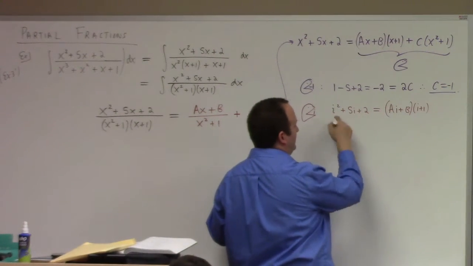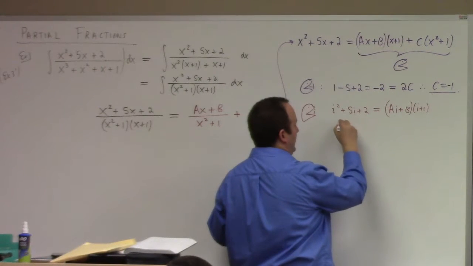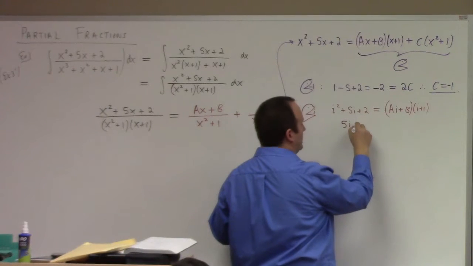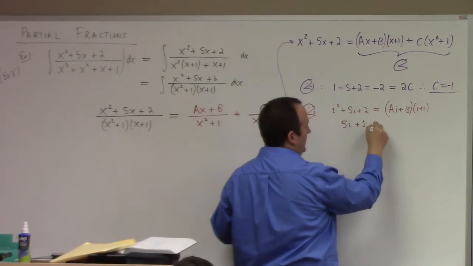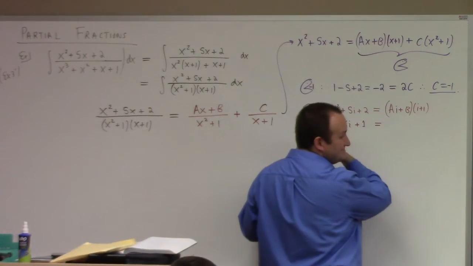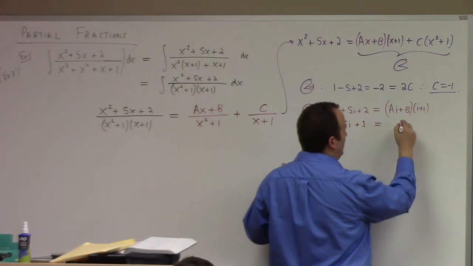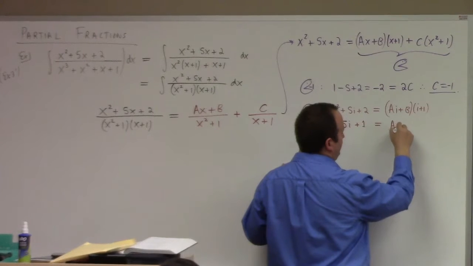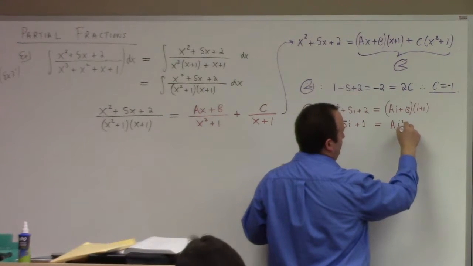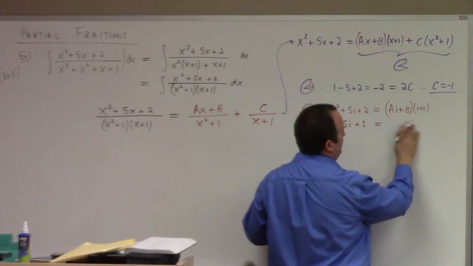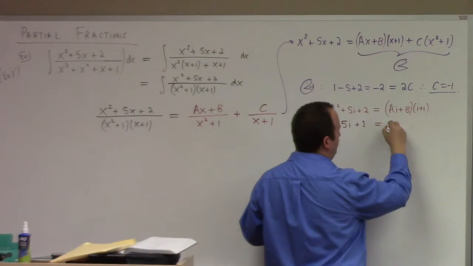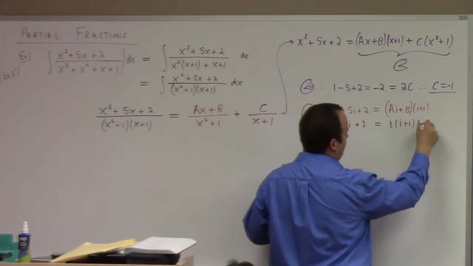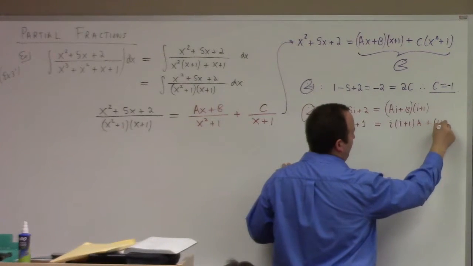So we get minus 1 plus 5i plus 2, which is 5i plus 1, is equal to, multiplying this out, ai squared plus ai plus bi plus b.